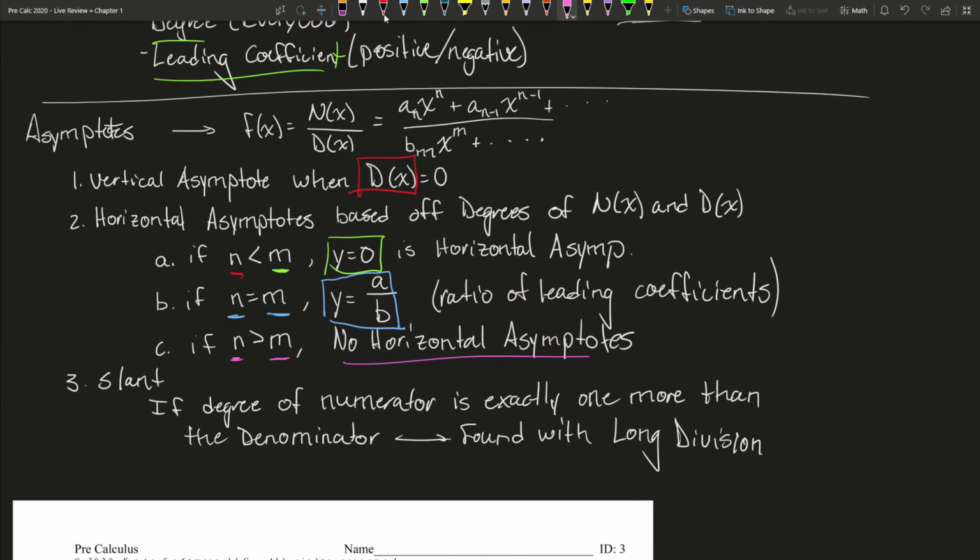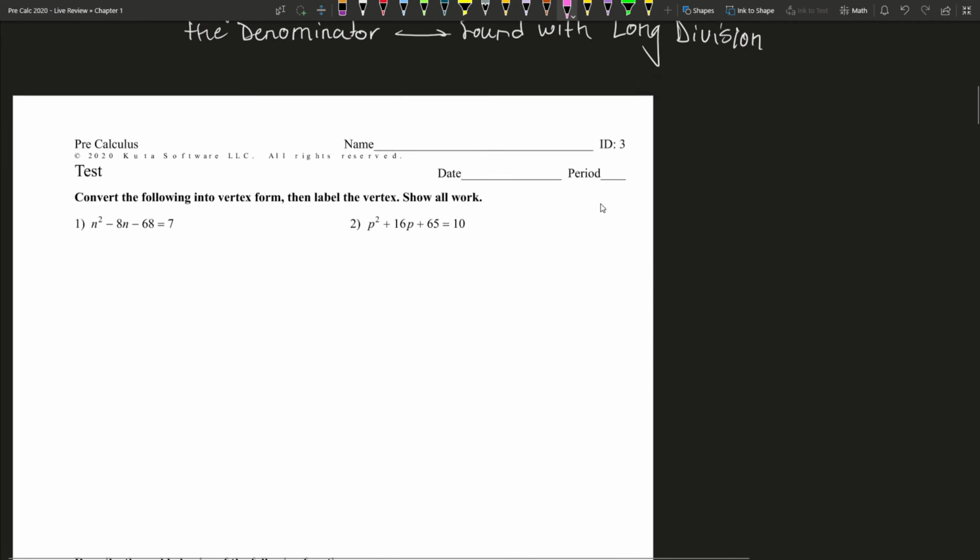If they're equal, eventually you're going to factor stuff out such that the only thing left are the leading coefficients. And if the numerator is greater than the denominator, things will just kind of disappear, and then things will be factored out. I don't want to confuse you on that right now, but if you really think about this stuff, it should make sense. Okay, but let's get on to the test.